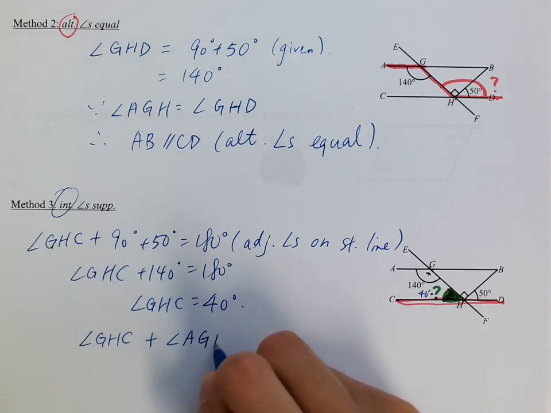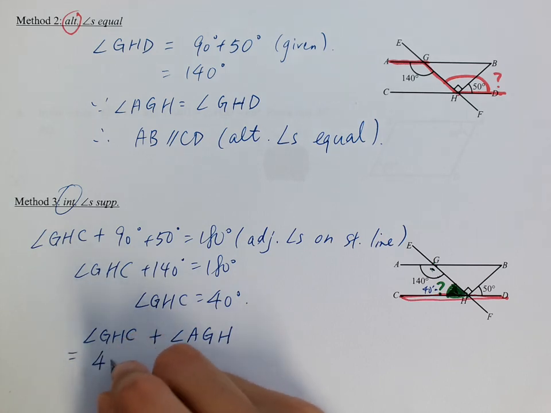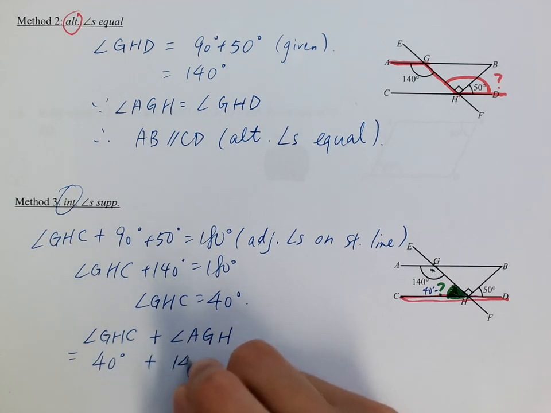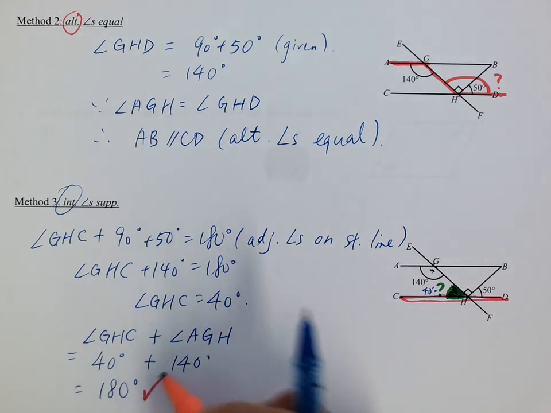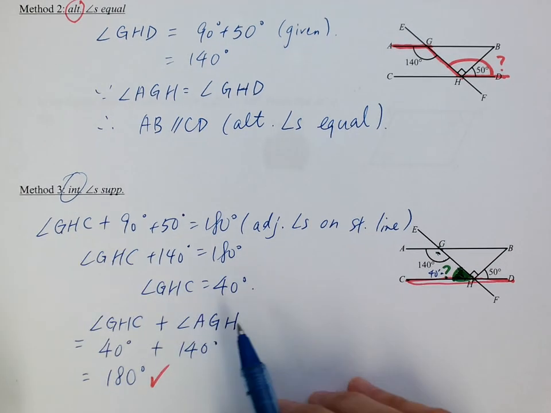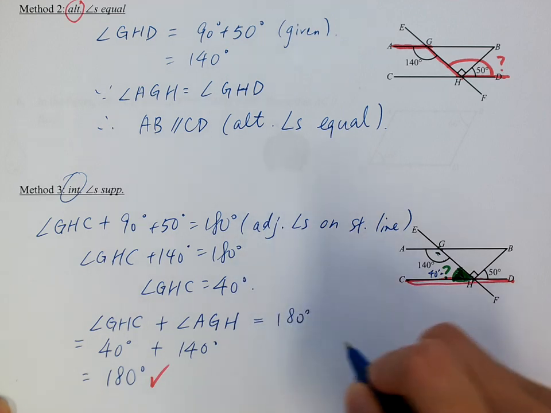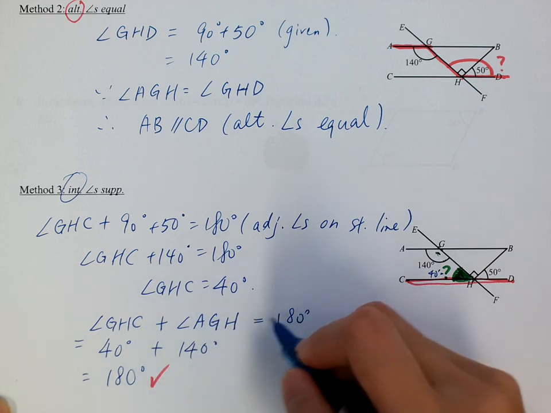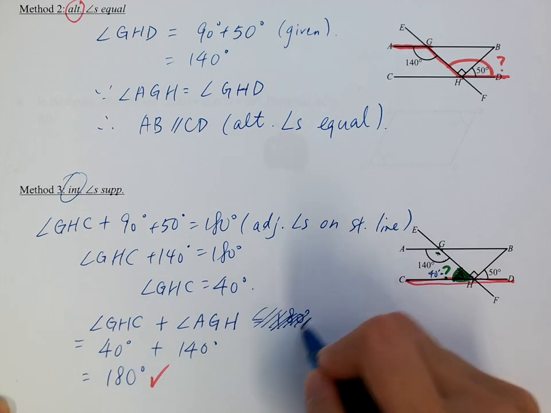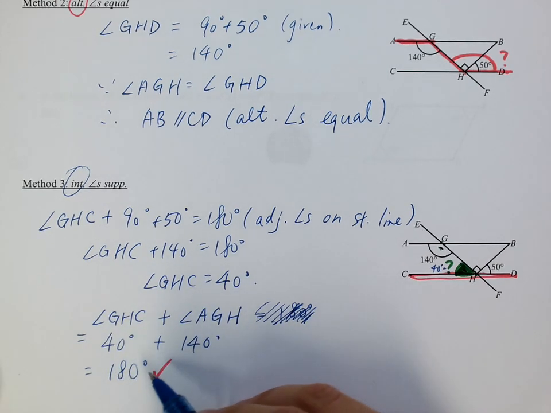We are checking if it is equal to 180. So it's 140 and equals 180. Great. One reminder to you: before you write this step, don't just say 180, because we are going to check if it is equal to 180. So don't write 180 in the very beginning, or do the comparison at the end.